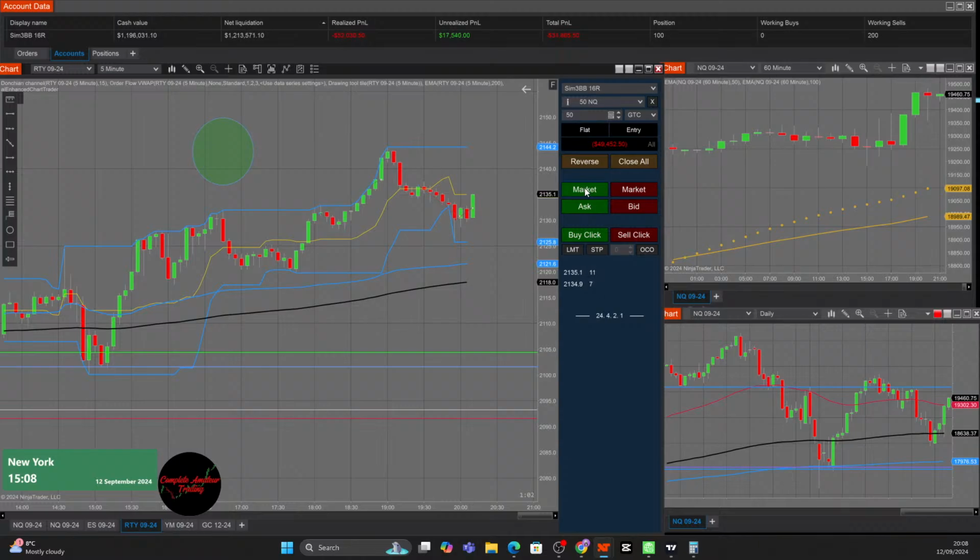So I'm going to take the RTY, hoping that that move that we saw with the bears was their last attempt. So this will be like another re-entry long.